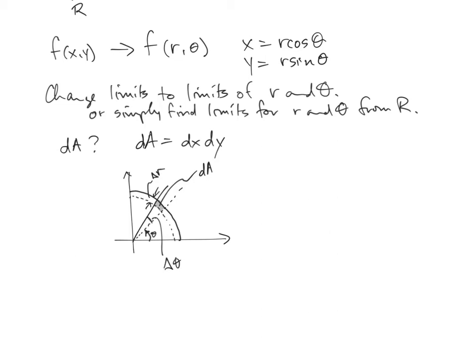Well, if delta theta and delta r are small enough, this is basically a rectangle. I mean, it is curved, but if you make these really small, this is basically a rectangle. So the dimensions are going to be this dimension times this dimension. Well, this dimension we know is delta r.